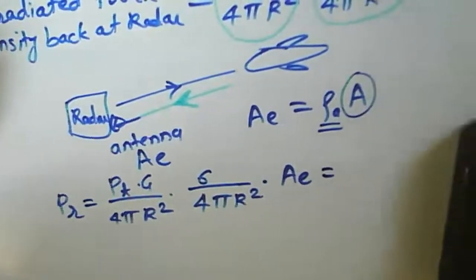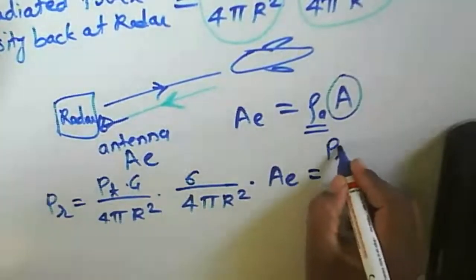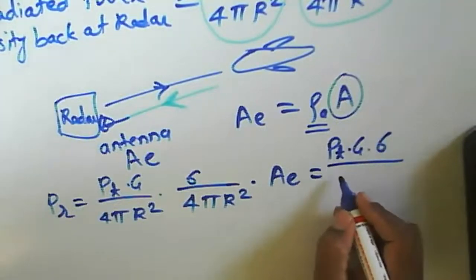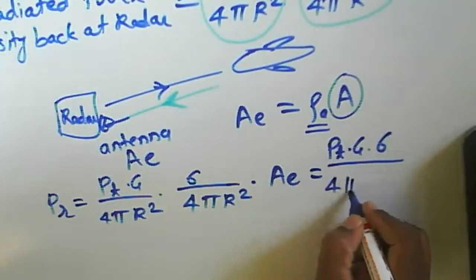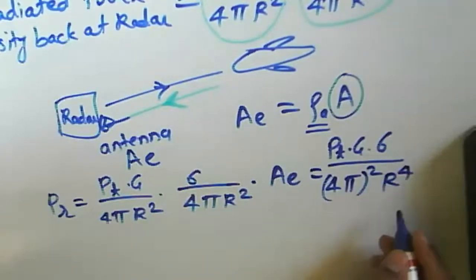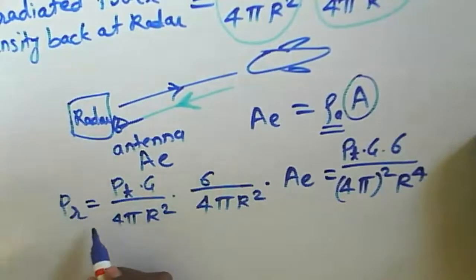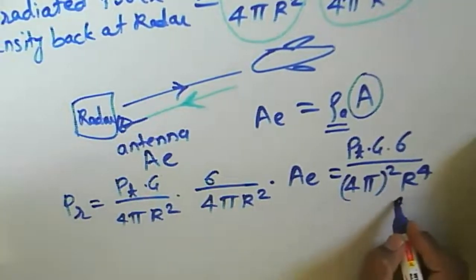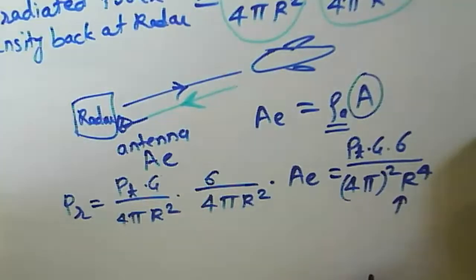Using this particular equation, we have Pt, we have G, we have sigma here. This one is the 4 pi term, and it appears twice here, with R raised to 4. This is about the received power. R is nothing but the range.